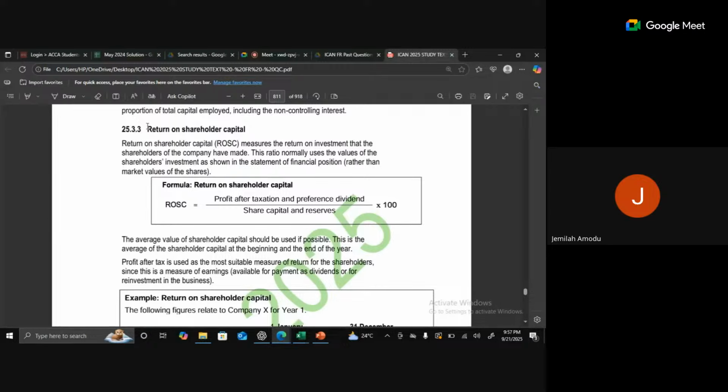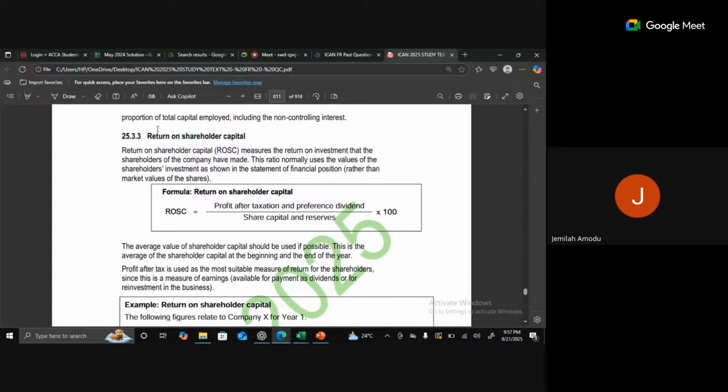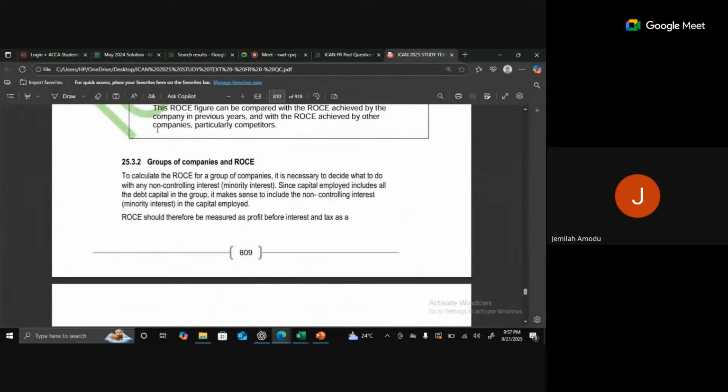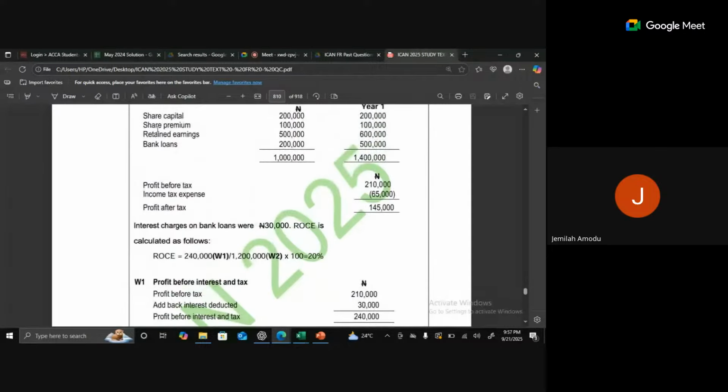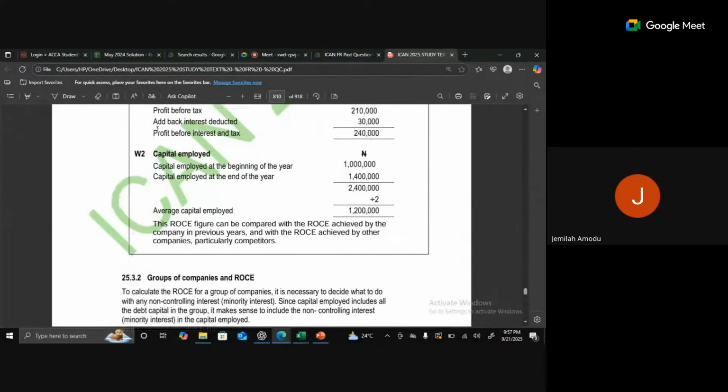Now the next ratio we'll look at is return on shareholders' capital. If someone wants to invest in a company, the first thing is they will want to calculate the return on capital employed for that company for a period of time.